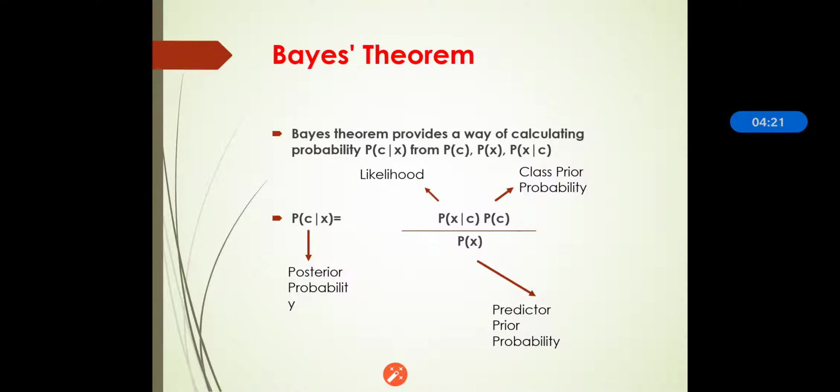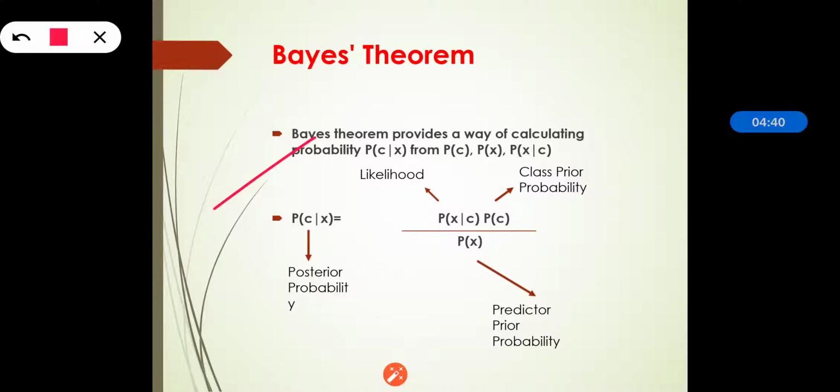We can see the Bayes theorem in the given slide. The Bayes theorem provides a way of calculating the probability P(c|x) from P(c), P(x) and P(x|c). So what is the Bayes theorem?